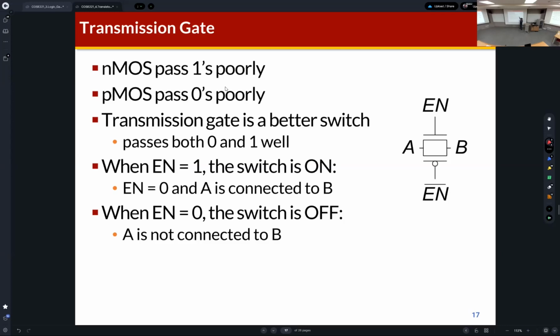Which means that if this signal is 0, and we just use the PMOS here, not NMOS, then it can be connected, but it includes a very nasty signal. It's not clear. We cannot pass 0 to E clearly. It is because of the property of the PMOS transistor.